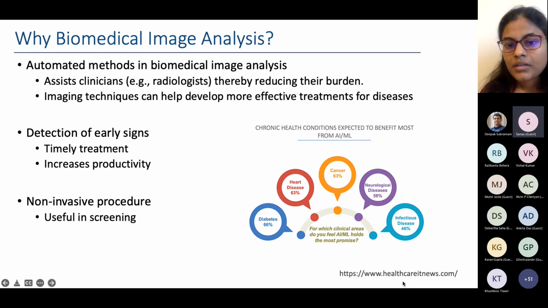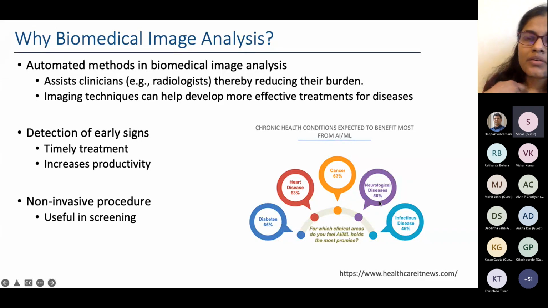In this image, I have shown chronic health conditions that could benefit from using AI methods or automated methods in healthcare. First and foremost, diabetes with the incidence of 66%, followed by heart disease and cancer, 63% each, and neurological diseases.